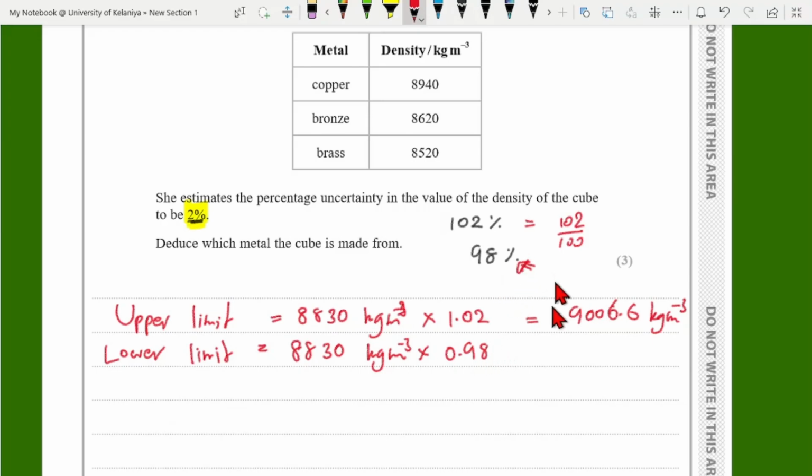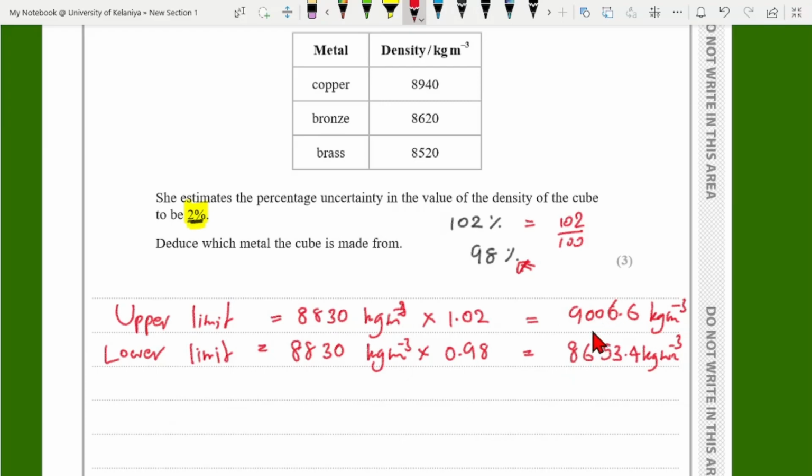So if you calculate this, it is 8653.4 kilograms per cubic meter. This is the minimum possible value, because it is varying by 2%. They have given it. So the density of the cube should be between these two values.